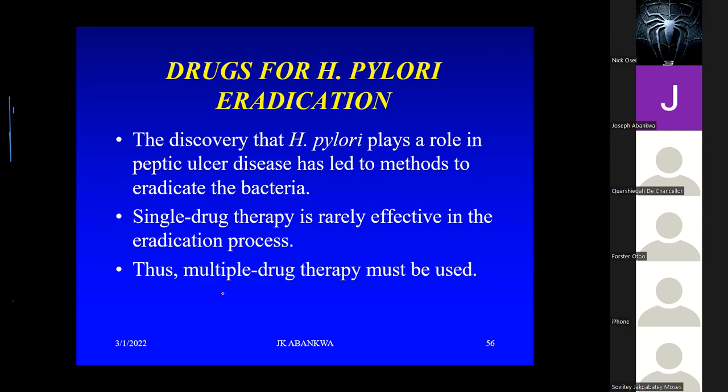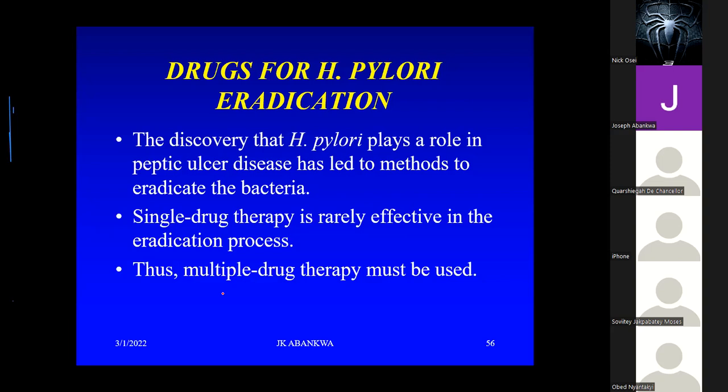Anyway, Helicobacter pylori can also be eradicated with drugs. The discovery that Helicobacter pylori plays a role in peptic ulcer has led to many methods to kill or eradicate the bacteria. Single drug therapy is rarely effective in the eradication process.